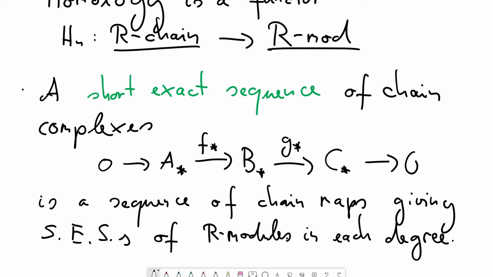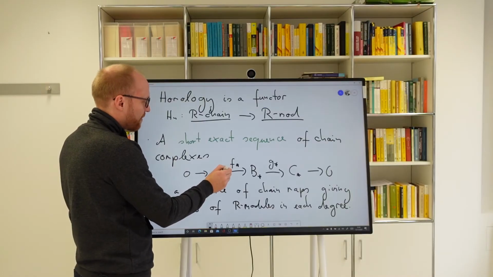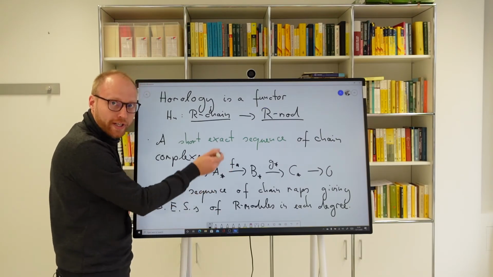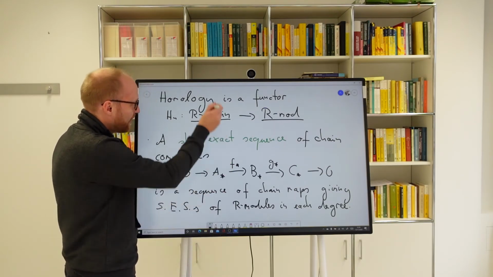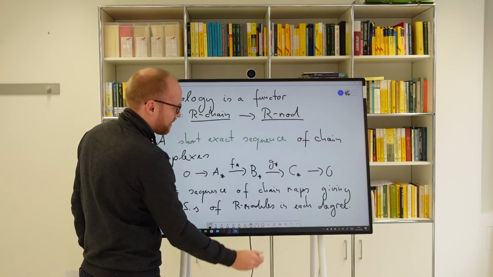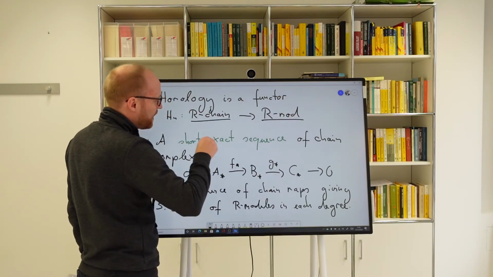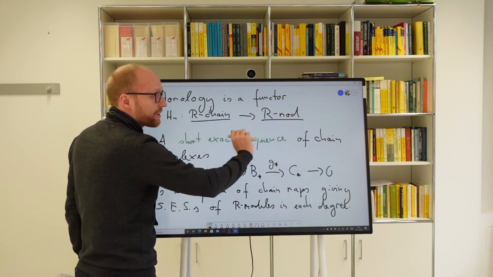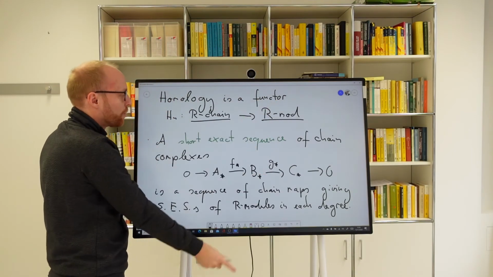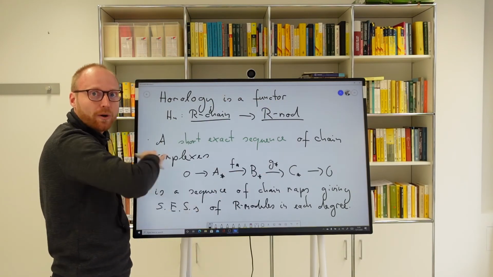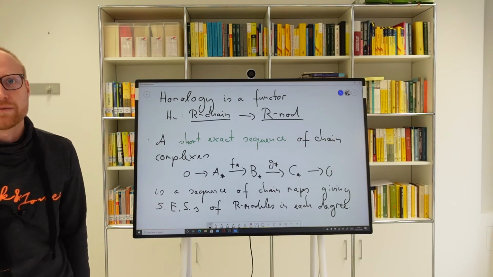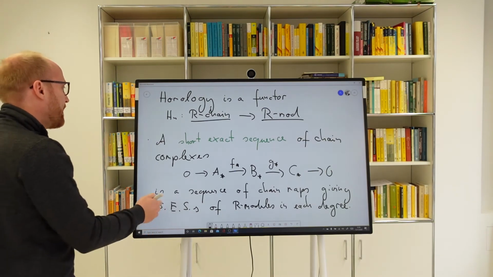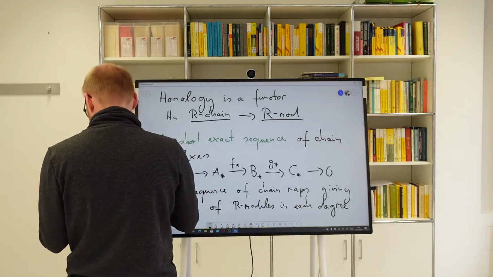Yeah. So if you want, you can picture it like this. You can sort of think of the differentials of the chain complexes now going vertically. So you sort of get the chain complex listed up vertically. And in each degree, you've got now maps in the horizontal direction, so that in total you get a whole plane diagram, yeah? But all the rows are short exact sequences. This is the complete picture of what a short exact sequence of chain complexes is.